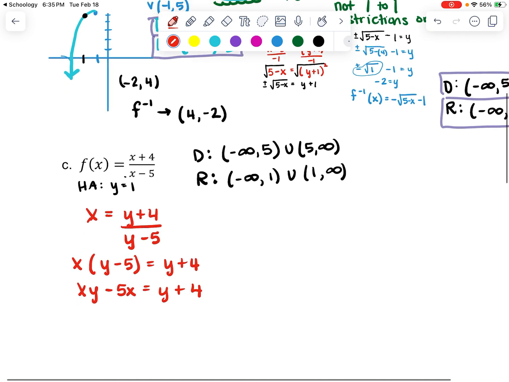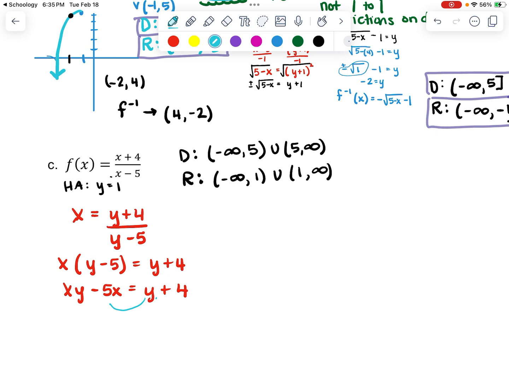Everybody that has a y should go to the left. Anybody who doesn't have a y, kick them out and get to the right. So these guys are going to trade places. So he's going to go this way, and this guy's going to go over here. So I'll end up with xy minus y is equal to 5x plus 4.